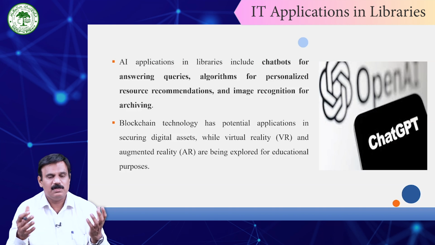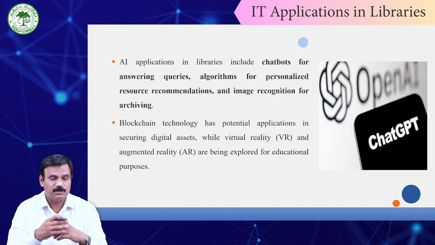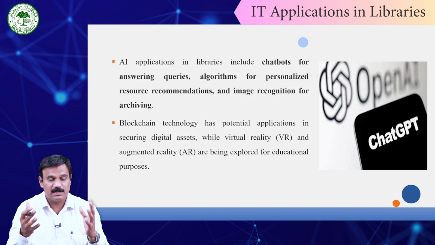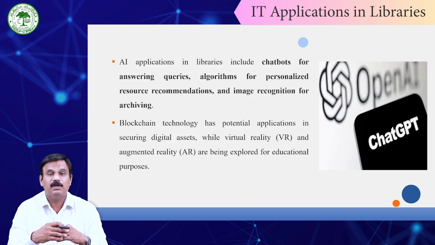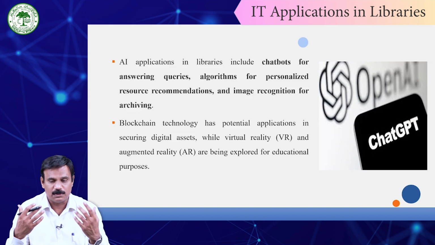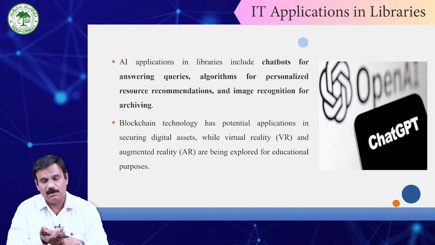Another development you see is blockchain technology, which also has potential applications in securing digital assets, while virtual reality and augmented reality are being explored for educational purposes. And many libraries began using virtual reality and augmented reality in library services.